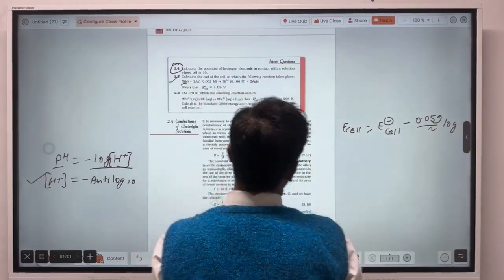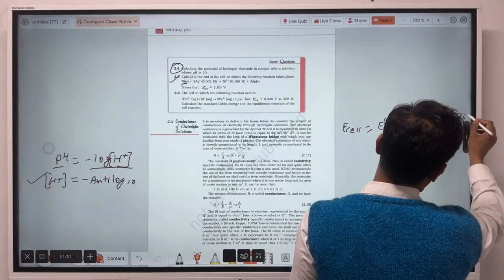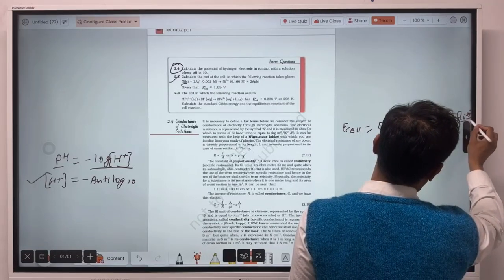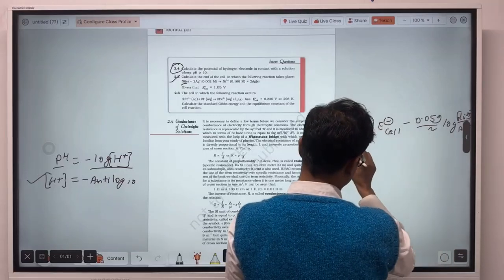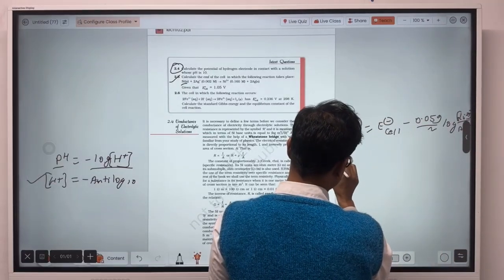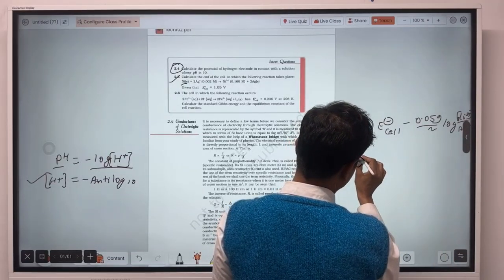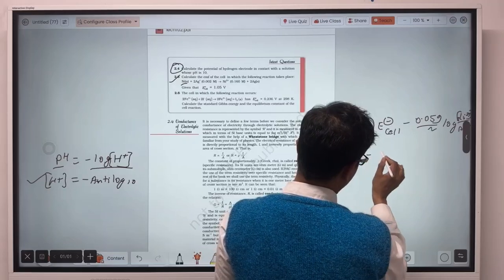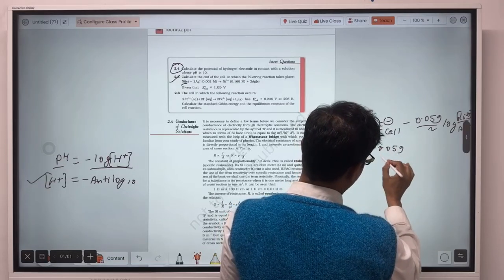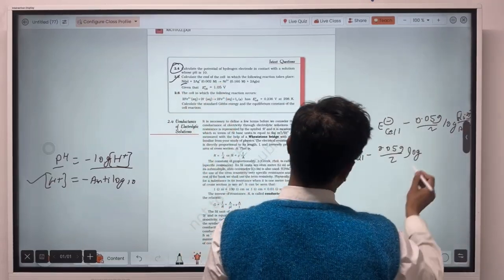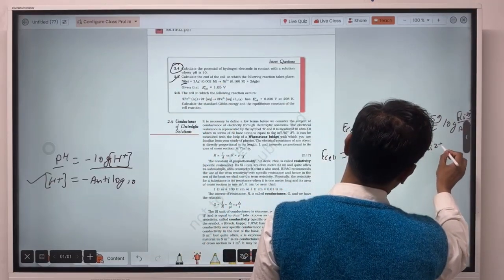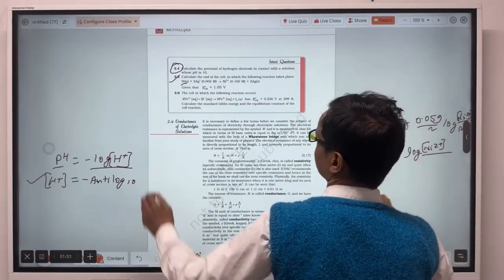Here oxidation is of nickel, so concentration of Ni2 plus upon concentration of Ag plus. Let me write it here first. So EMF of the cell at any concentration equals standard EMF of the cell minus 0.059 upon 2 log of the concentration of that which gets oxidized, Ni2 plus, upon that which gets reduced.